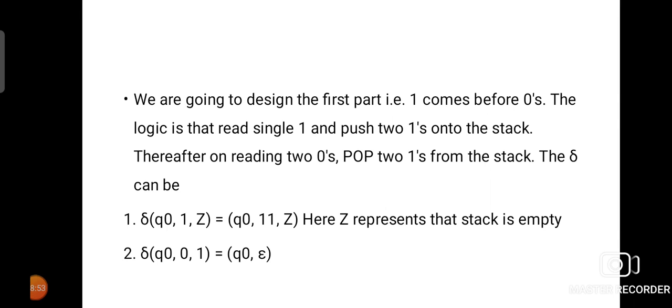Then when 0 is applied with 1 on top, the 1 will be popped off from the stack and nothing will be pushed. So this is written as del of q0, 0, 1 equal to q0, epsilon. No symbol is pushed onto the stack, so this is represented as epsilon, and the system remains in the same state q0.